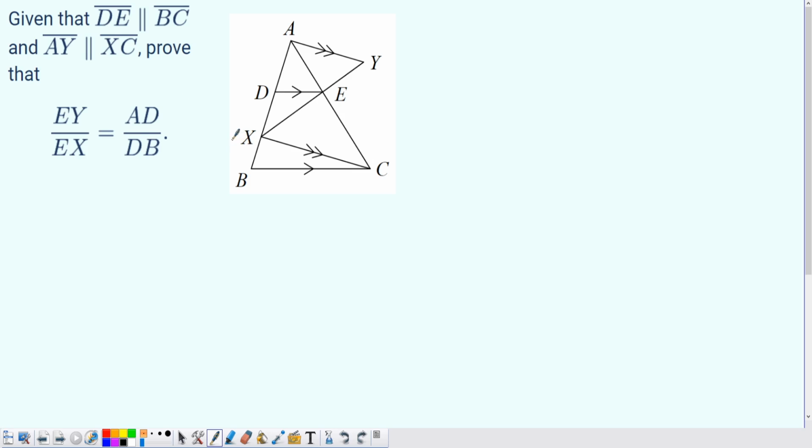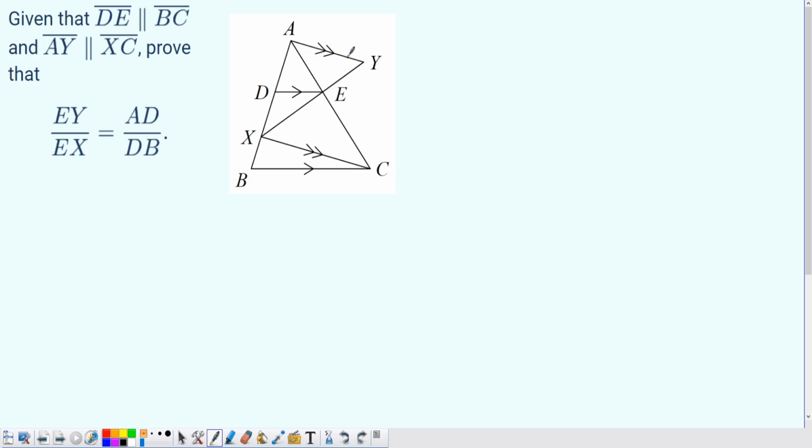For example, we have the twice marked parallel lines AY and XC. They have two transversals, AC and XY. I'm just going to focus on the AC one. So AY parallel with XC, transversal with XY. Well, what does that do?